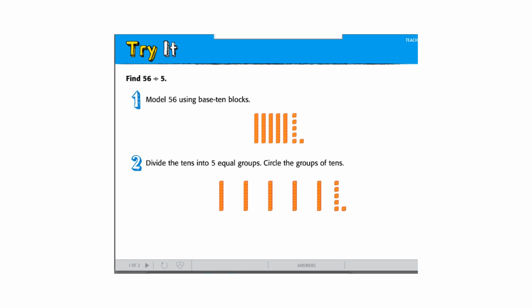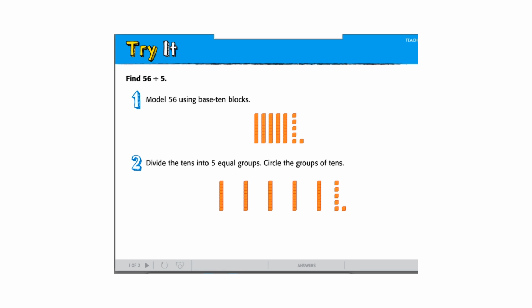So we've modeled the 56 using base 10 blocks. So there's 5 longs and there's 6 ones. And then we're going to have 5 circles. What they've done here on number 2 is they just divided it into 5 groups.